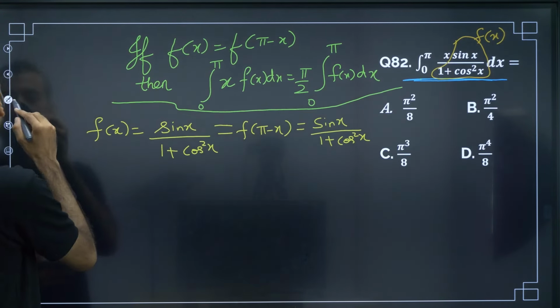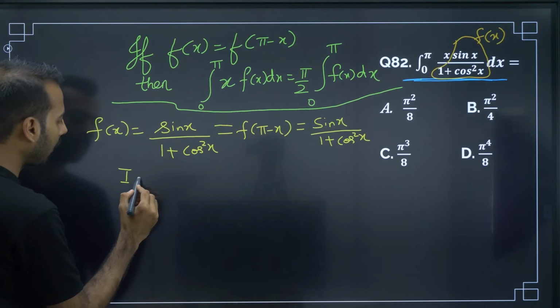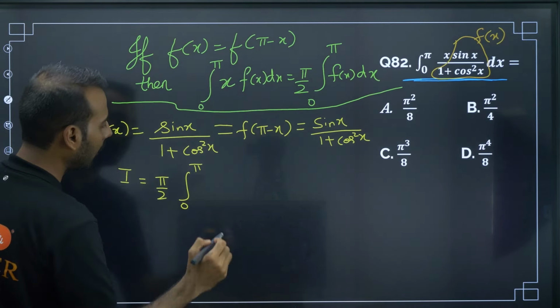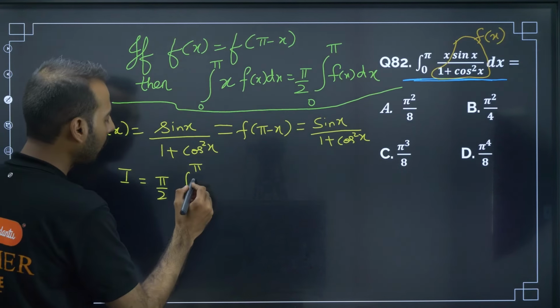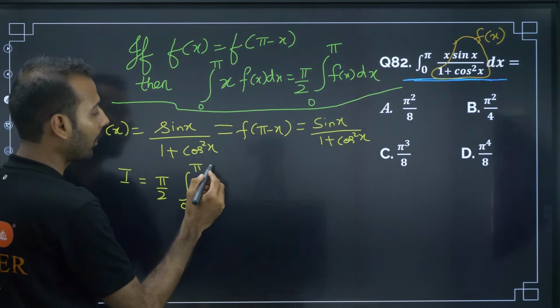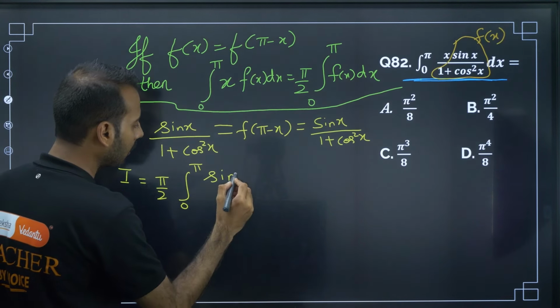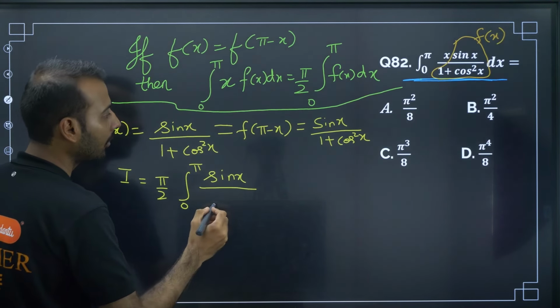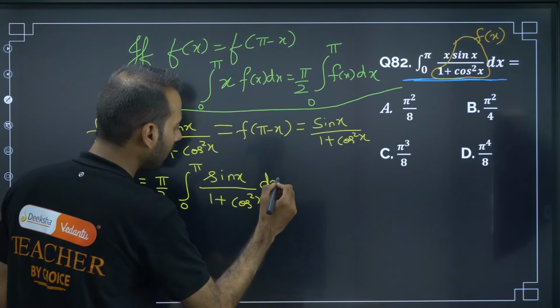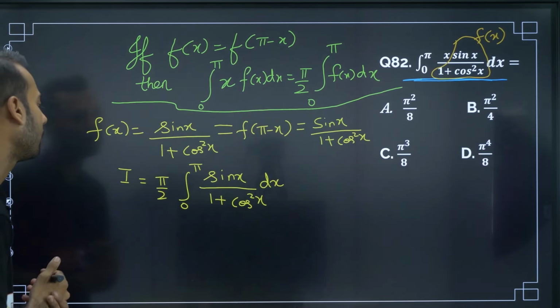Now for that integration I can write I is equal to pi by 2 times integral 0 to pi. In place of x I will remove x and place f of x. f of x is sin x divided by 1 plus cos square x, dx.